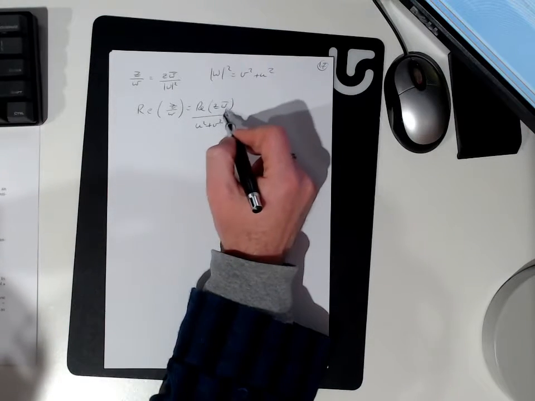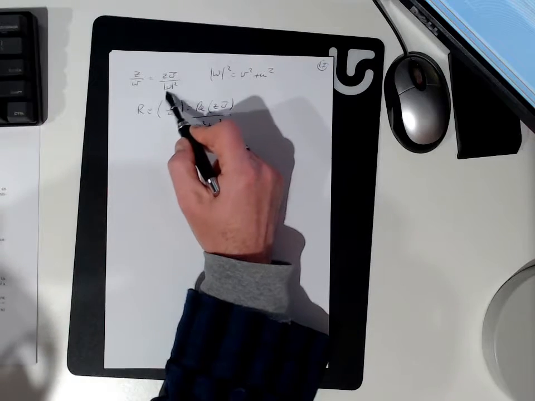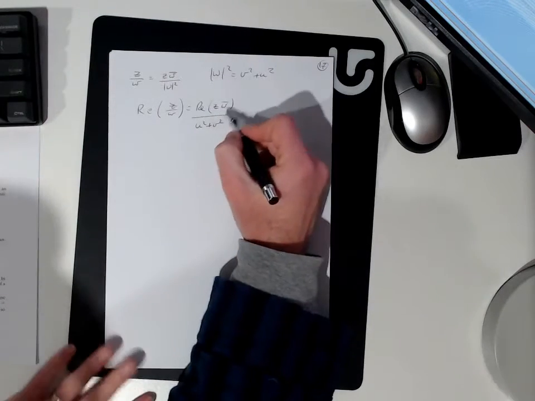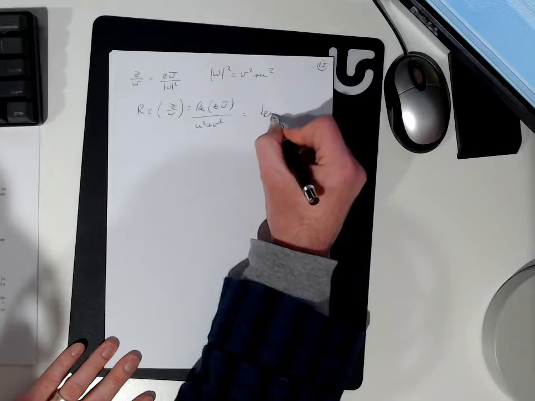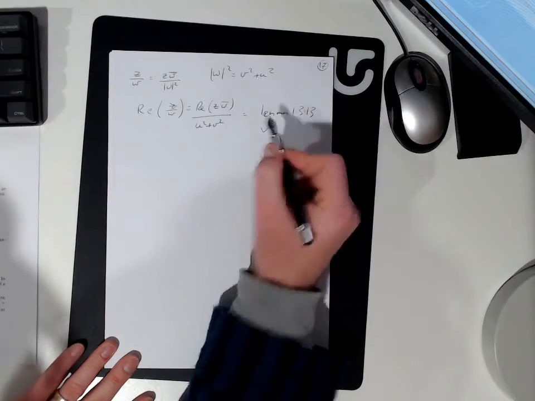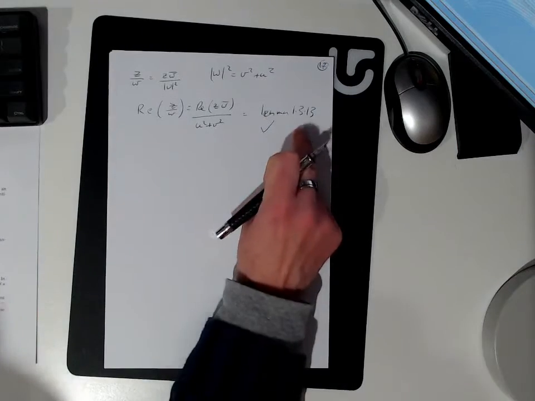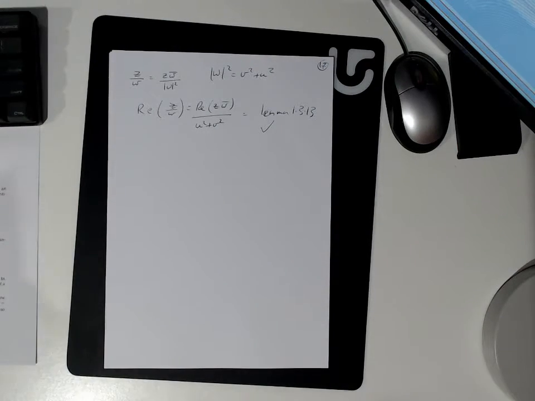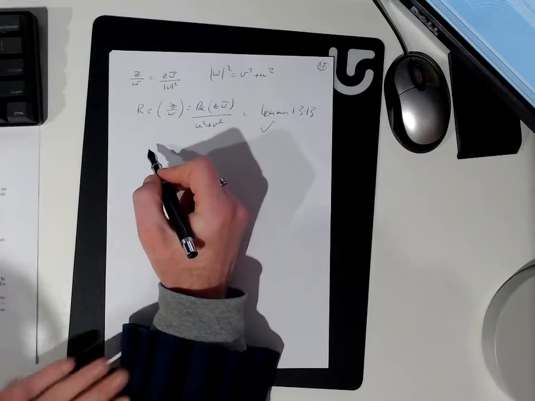So whatever the real part of this is, we'll have a term underneath, so it comes out. And we know what this is from lemma 1.3.13, and that gives us the result. Go check it. Look up lemma 1.3.13 and prove that I'm claiming something reasonable here.